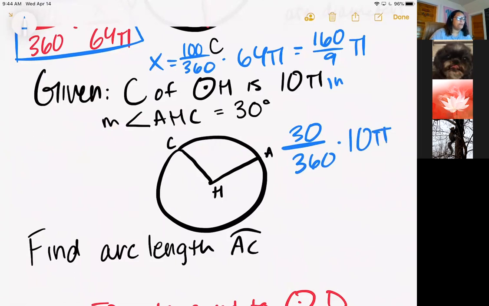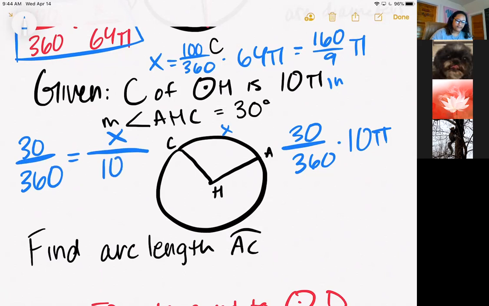And that also comes from a proportionality statement. So the degree measure of the sector to the degree measure of the full circle should equal the arc length, which is what we're solving for, of the sector over the full arc length of the circle, i.e. the circumference. So if we rearrange this and solve for x, the arc length, 30 over 360 times 10 pi should equal that arc length.